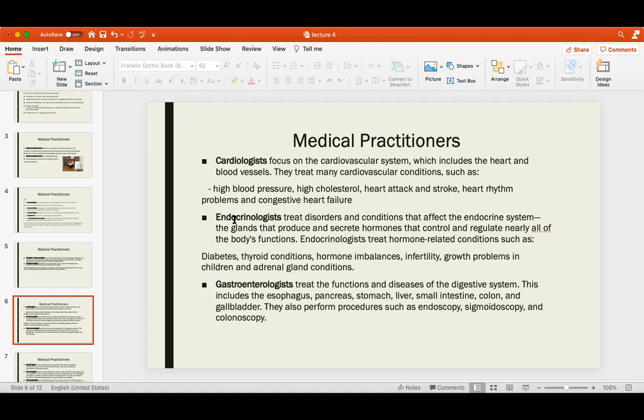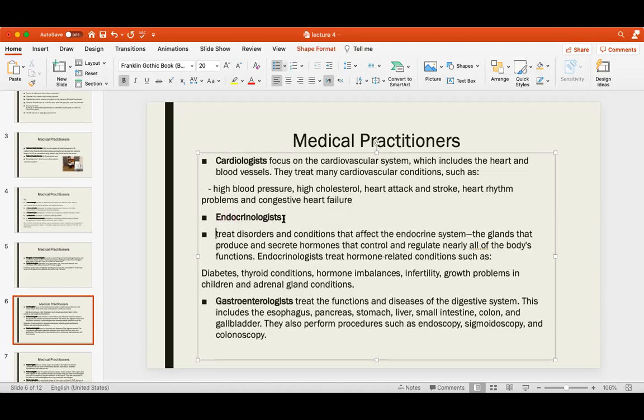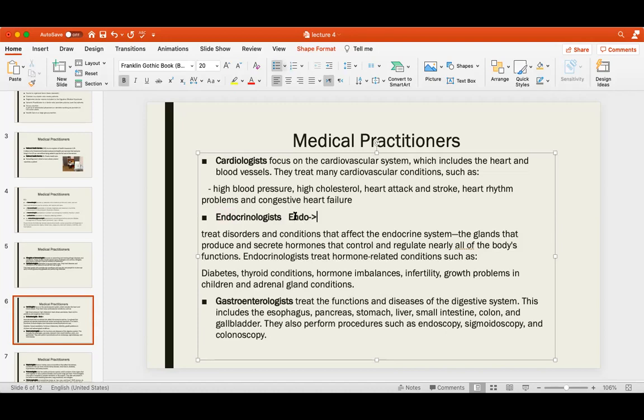Endocrinologist. As we said, endo means within. We have the prefix endo, which means within. And we have crin, the root crin means secrete. So endocrinologists treat disorders and conditions that affect the endocrine system.